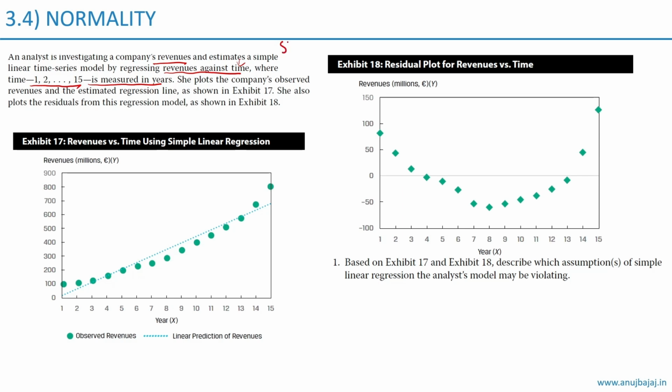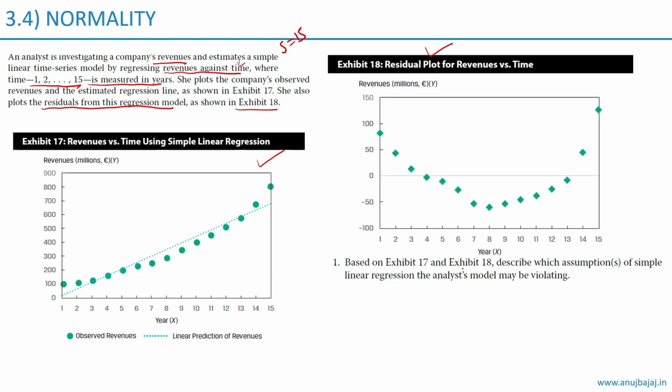That is, our sample size is 15. The analyst plots the company's observed revenue and the estimated regression line as shown in Exhibit 17. She also plots the residual from the regression model as shown in Exhibit 18. So this is the scatter plot of the observation pairs and this is the scatter plot of residuals.